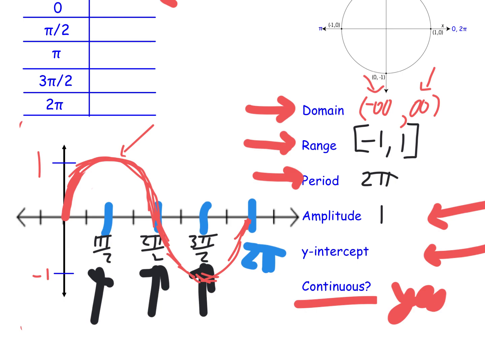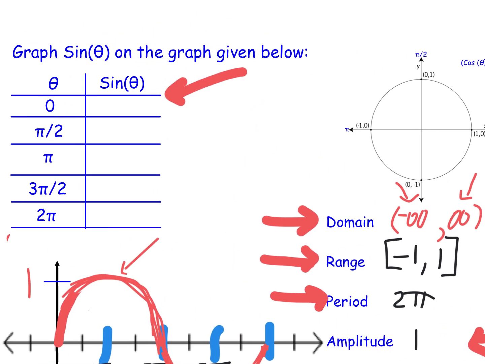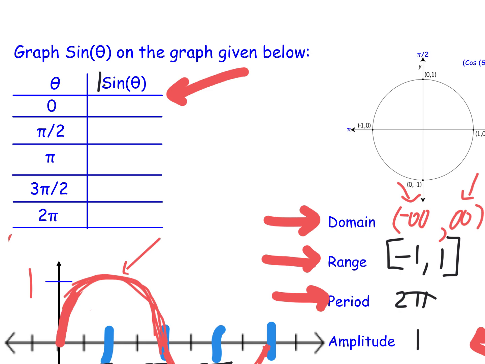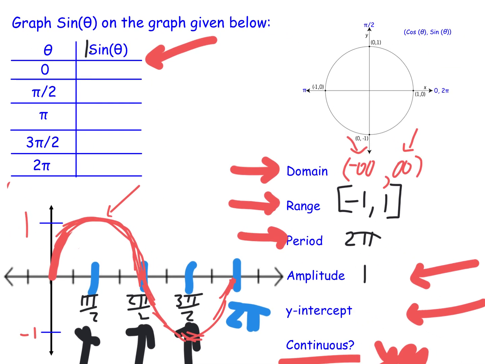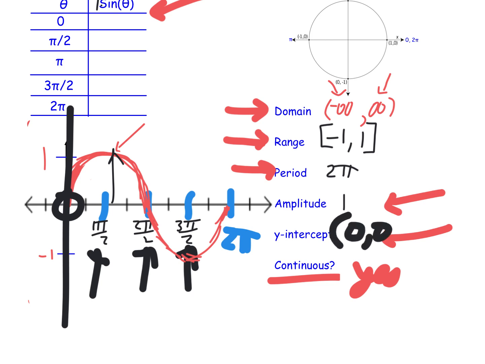The amplitude is 1 because, you could say it two reasons: because we only are graphing one sine, and because we went from here up, and that was 1. The y-intercept, just think of this as a normal graph, and here's the y-axis, and then what's the y-intercept? Right there, and so it's 0, 0, actually. Does touch the point 0, 0, doesn't it?